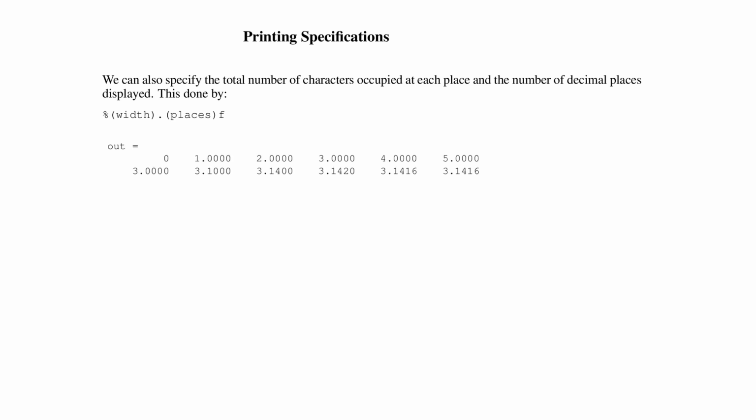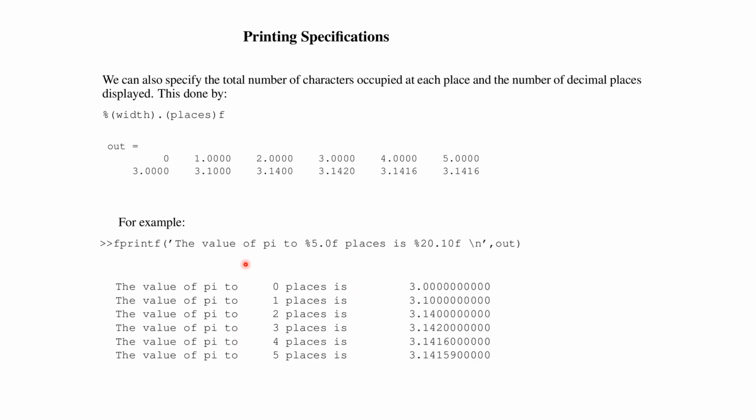Now, if you haven't had such a lot of practice with this, you should practice this now in the command window. Let's make our printout matrix like so. And then there's the command we're going to give. Do this in the command window. And now experiment here.